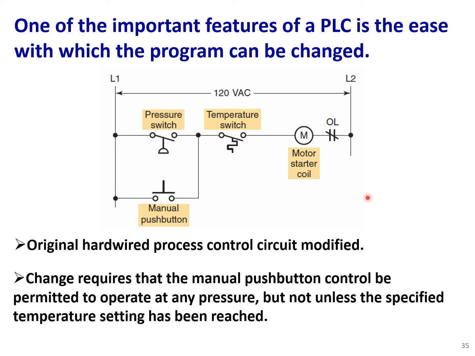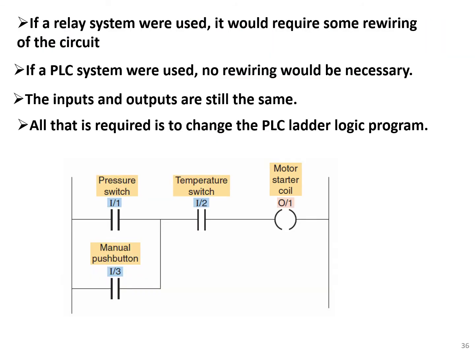But if we use relays, we need to change the hard wiring of the system, and it would be more difficult than using a PLC. If a relay system were used, it would require some rewiring of the circuit. If a PLC system were used, no rewiring would be necessary.